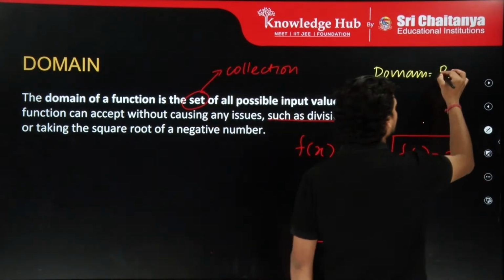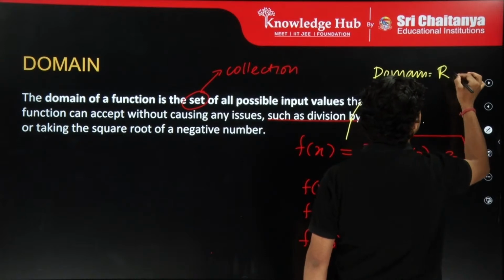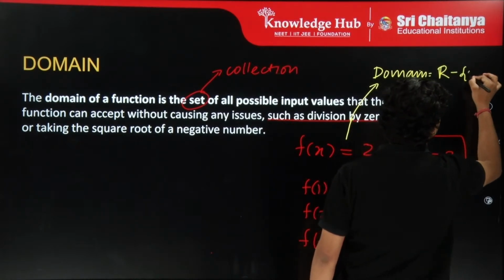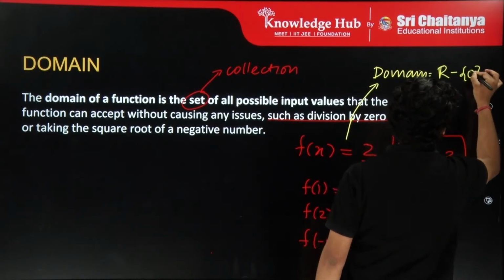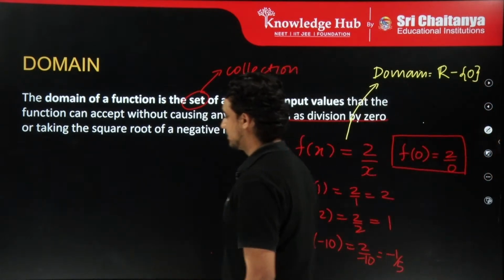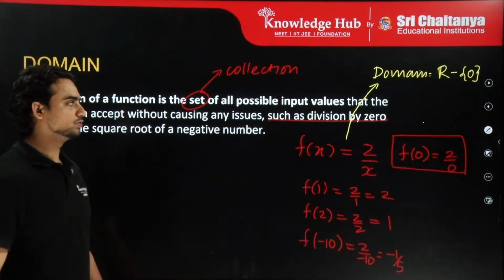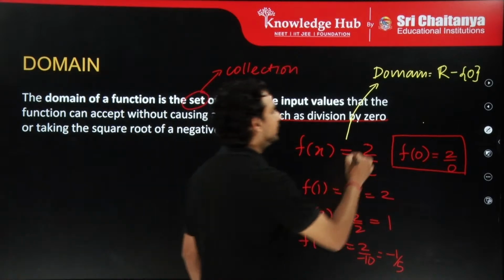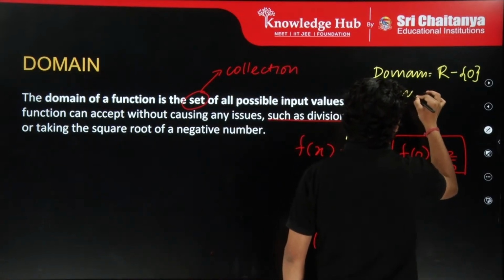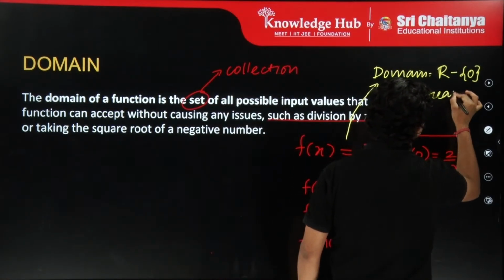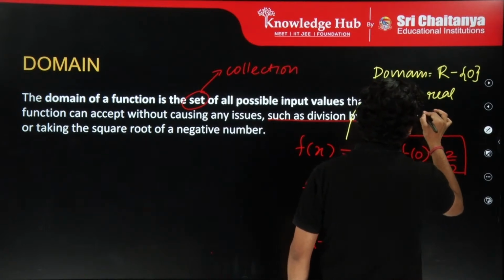Any real number, and you subtract 0 from it because it is not applicable for x equals 0. Or I can say any real number other than 0.